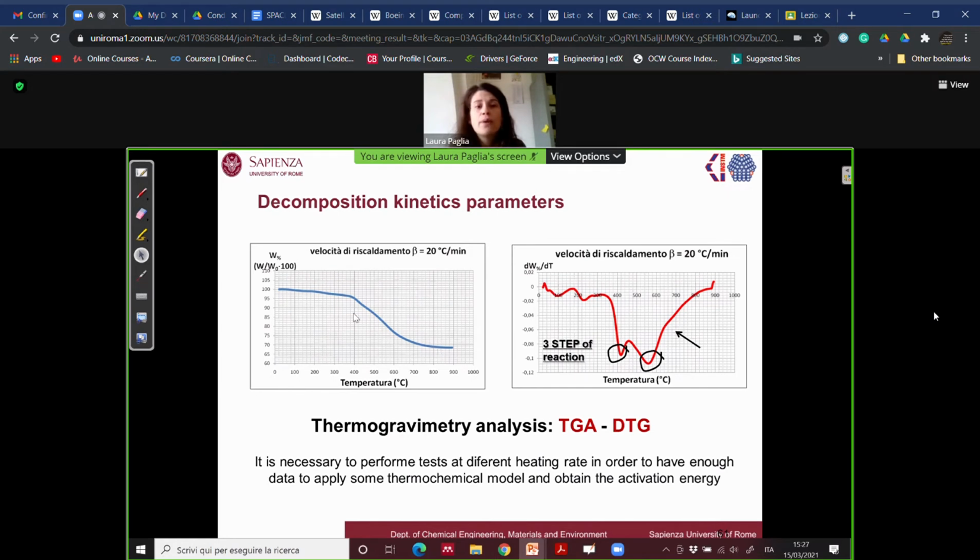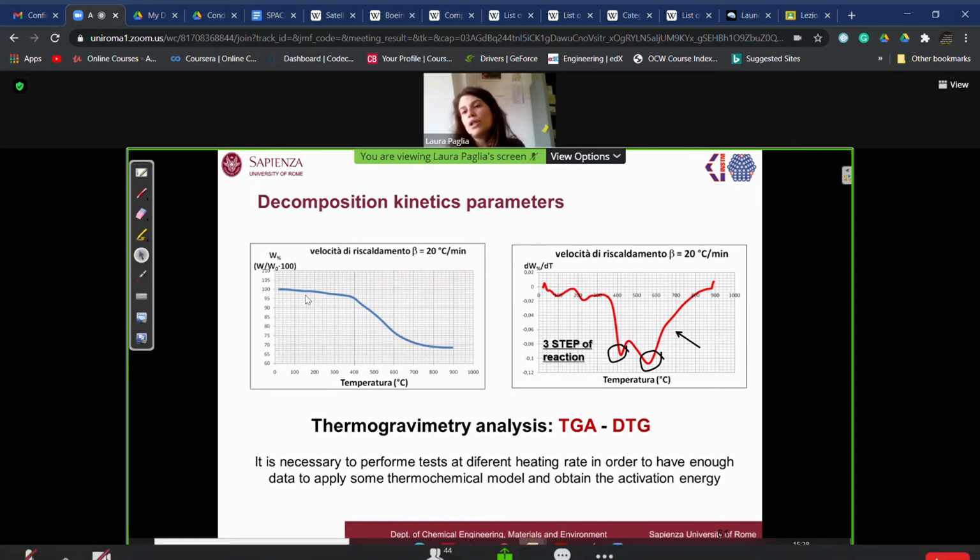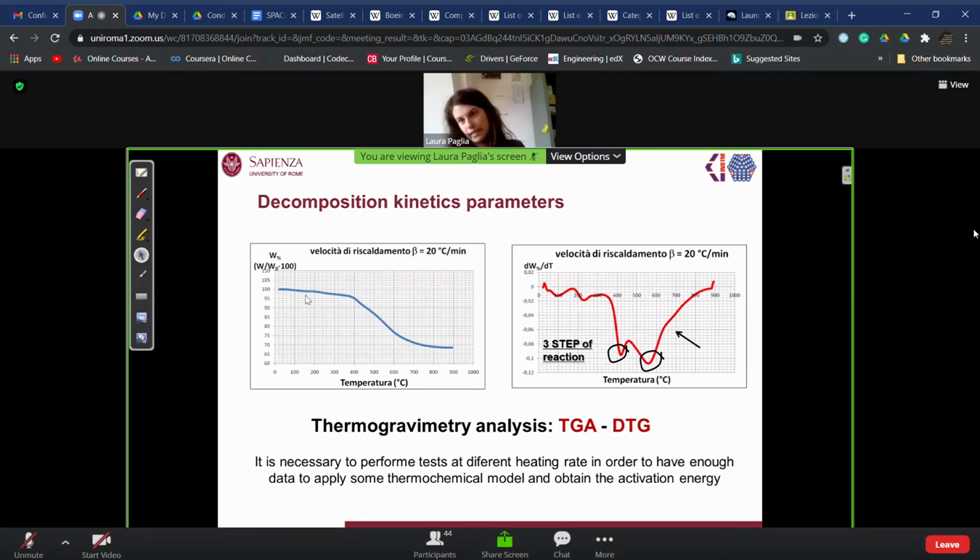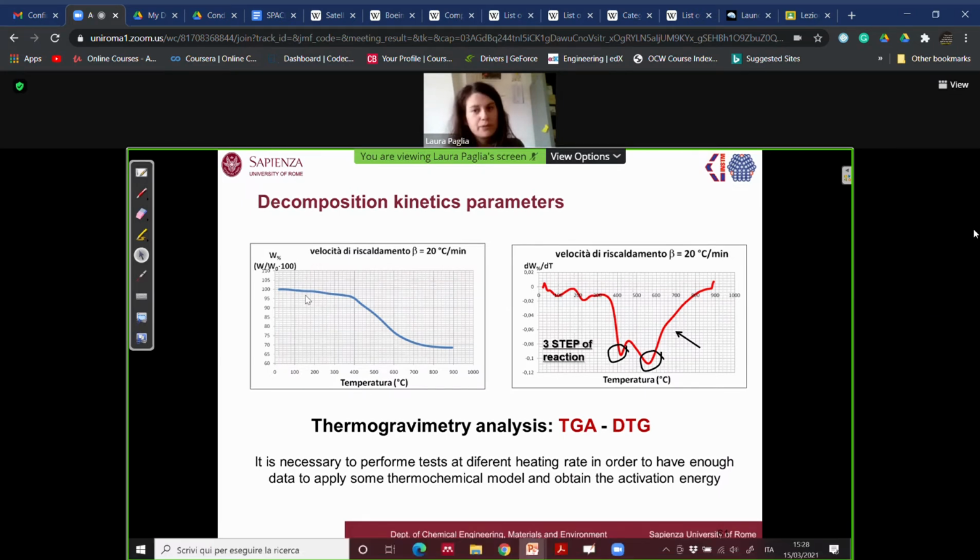From this graph, at first glance, we can understand that the reaction of pyrolysis can start at about 300 degrees. Here there is a small loss of weight in this first part, but it is very small, and in the first part of this graph the loss of weight can also be the loss of some water absorbed inside the material, so it's not considered.